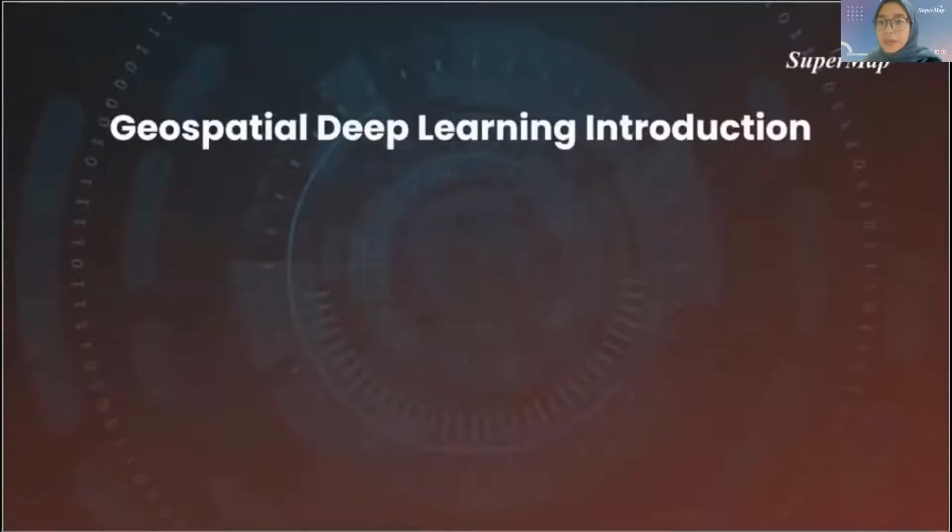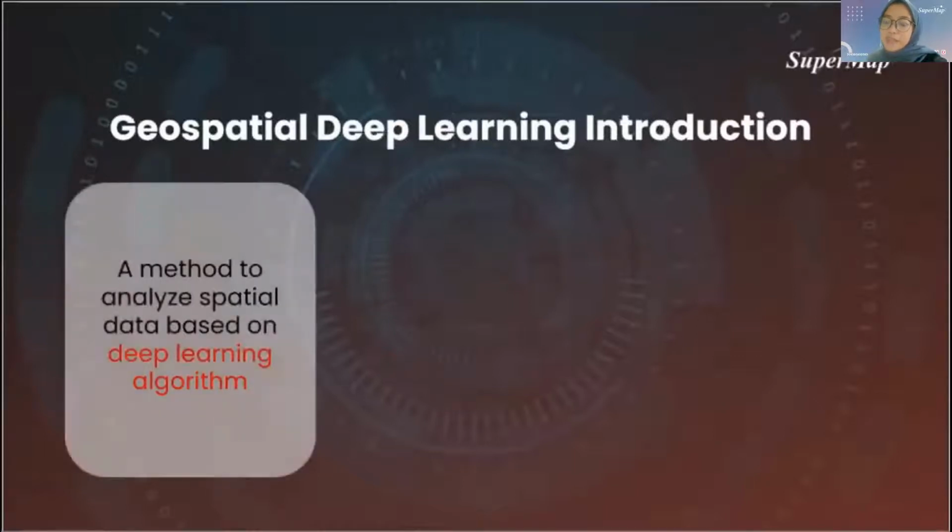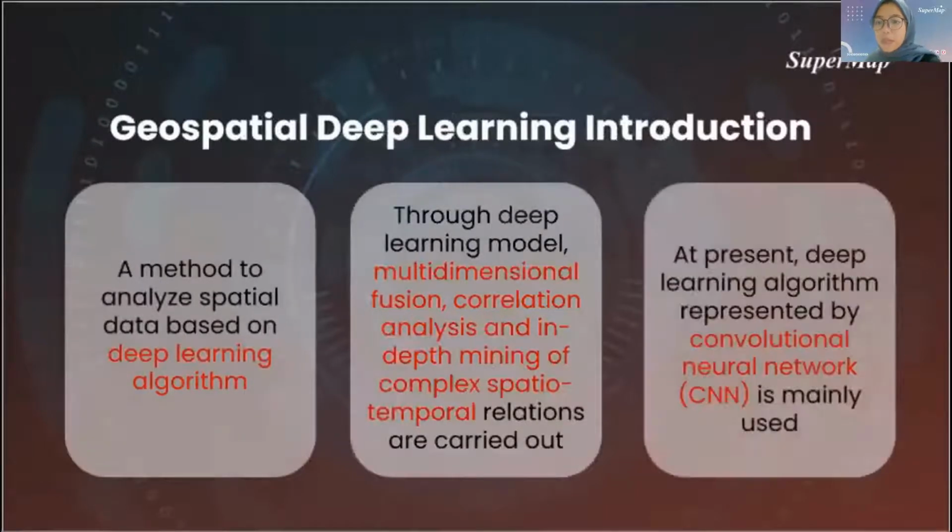So now, let's take a look at the basic concepts of geospatial deep learning in SuperMap product. SuperMap itself takes advantage of deep learning mainly for image processing. In a very simple way to explain, deep learning is quite similar to supervised and unsupervised classification, but more complex in its algorithm, which makes it obtain a better result.